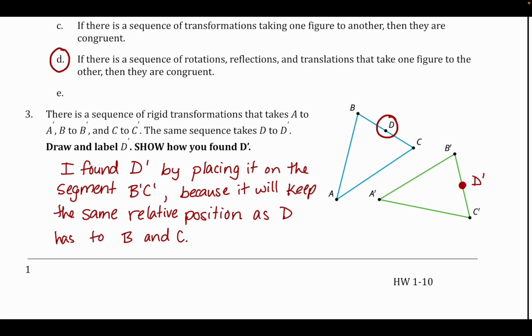Basically, if point D is halfway in between B and C, D prime should also be around halfway in between B prime and C prime. So that is some explanation that works for that. This is just my example. There are going to be a bunch of different ways of saying this that will be accurate and correct.